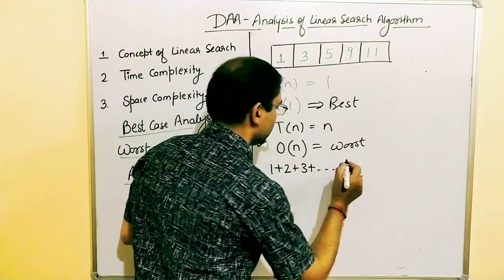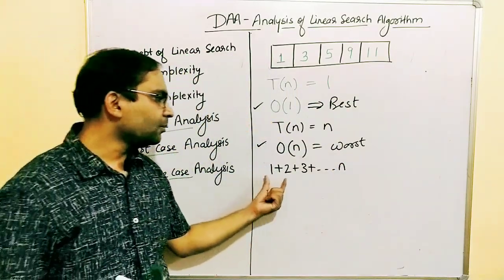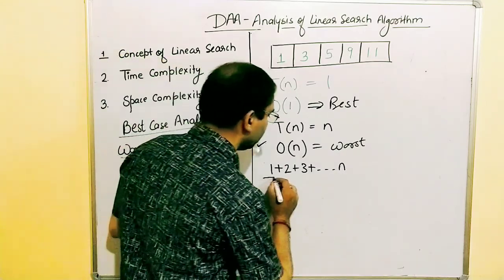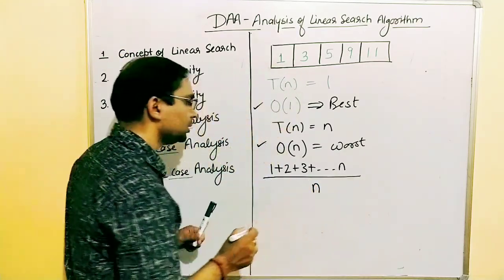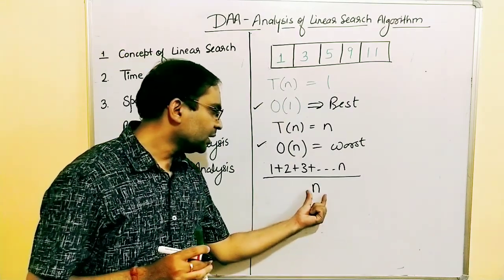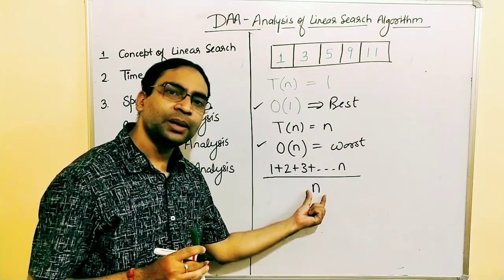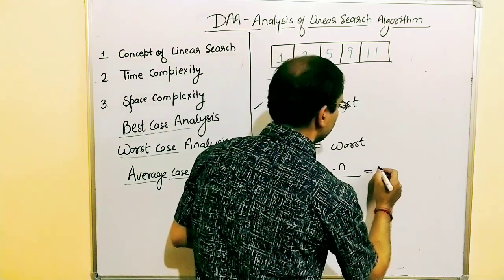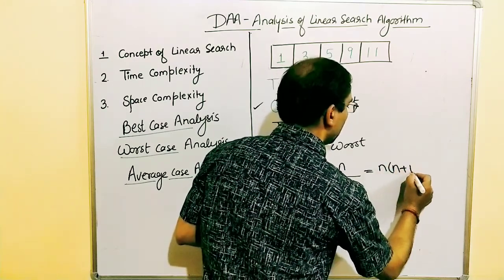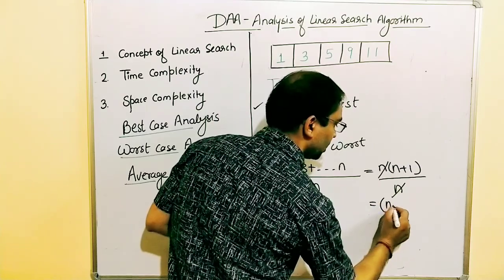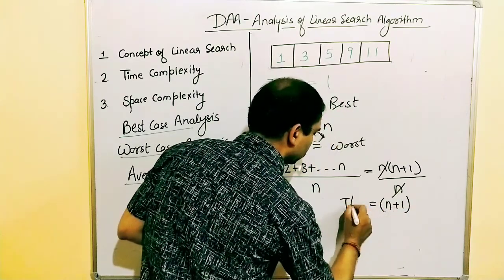This is basically the sum of first n natural numbers, and this has to be divided by the total number of elements, which is n. As we know, the sum of first n natural numbers is n into n plus 1 over 2, so this divided by n, and finally the time function comes to be (n plus 1) over 2.